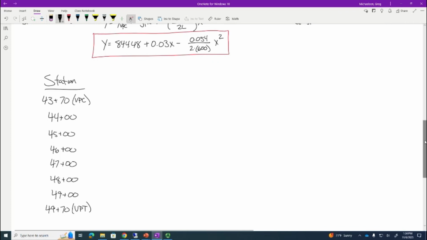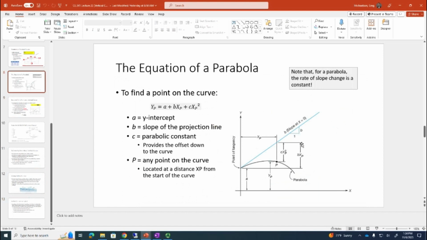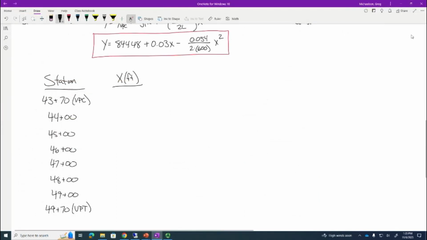Now, do I plug these values into this expression? No. What I plug into this expression are values of x. If you remember, here's the basis for the parabola, and we're starting our parabola right here. This is x equals 0.